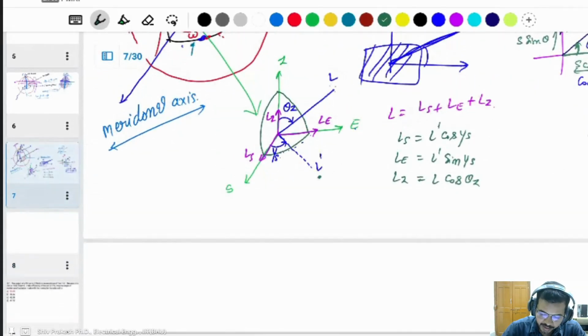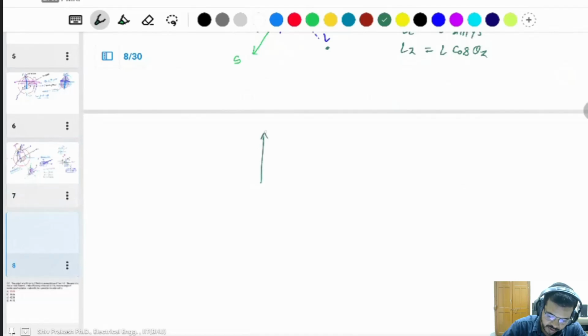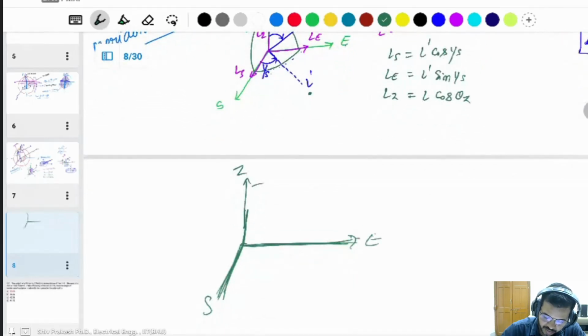Then what is the L dash? If this is the z, so this is the z, these two axes are on the surface of the earth only. This is above the earth if you take it. That means the z and s have a 90 degree angle, and E also makes a 90 degree angle.